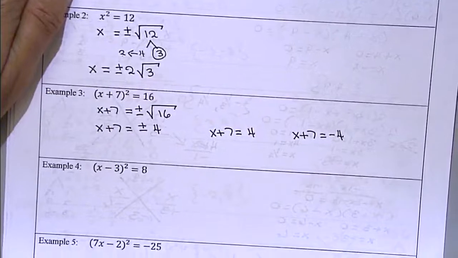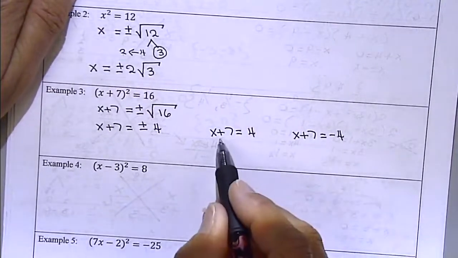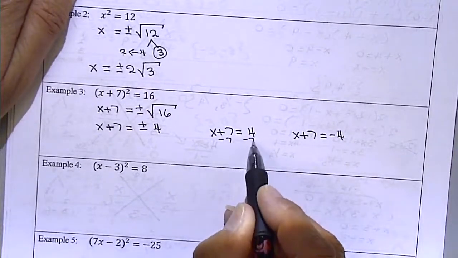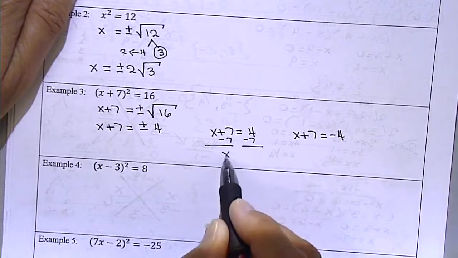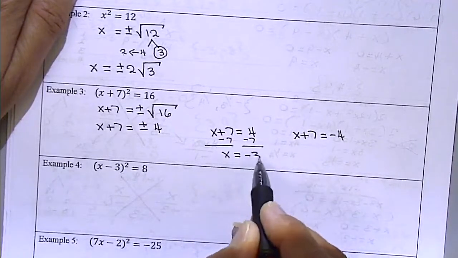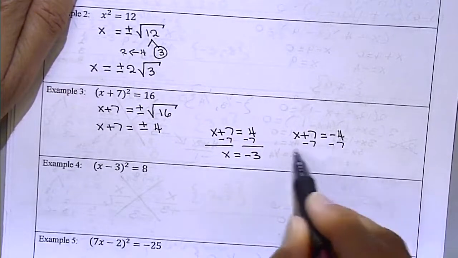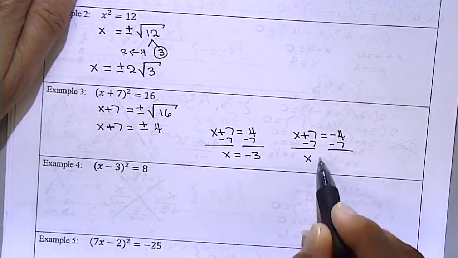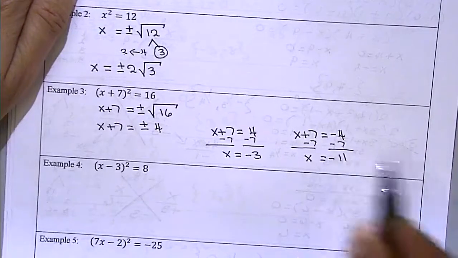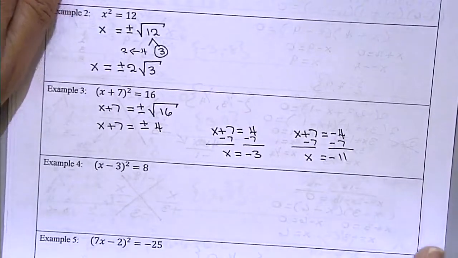I can do it that way. And then I just solve. What would I do here? Subtract 7 from both sides. Well, that means x might equal a negative 3. When I subtract 7 from both sides here, x might equal a negative 11, right? You good with that?